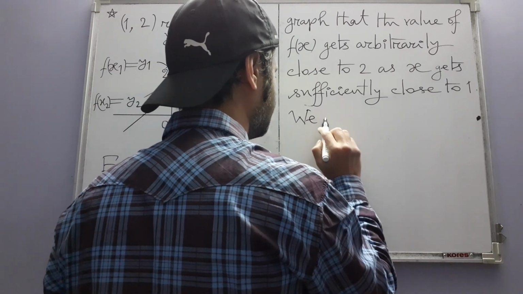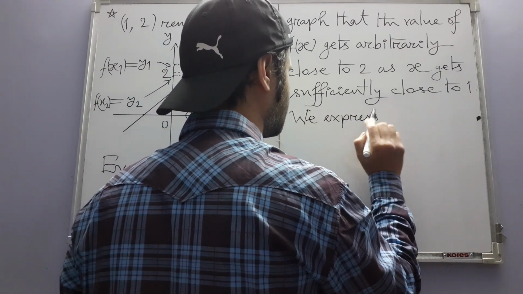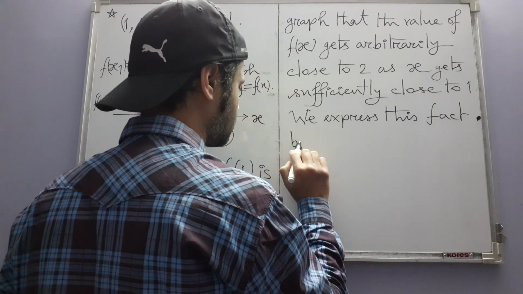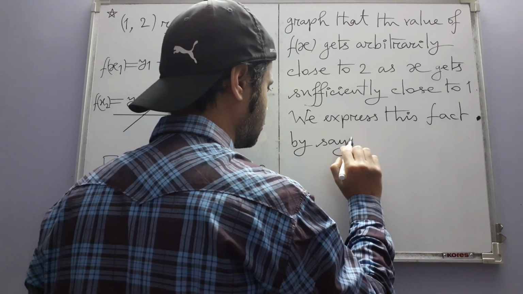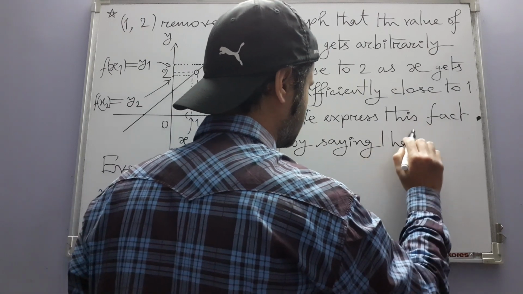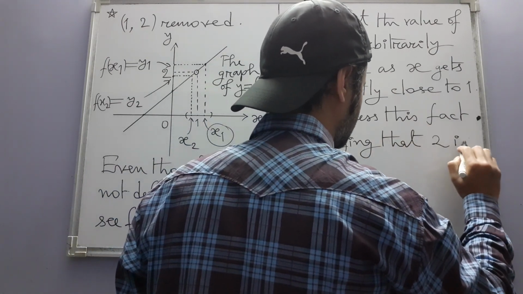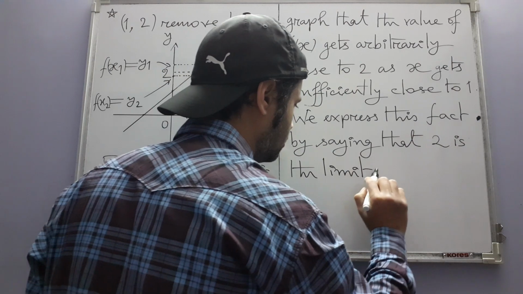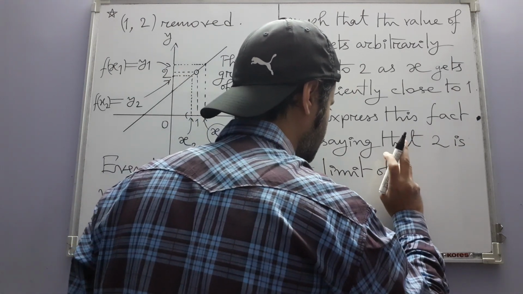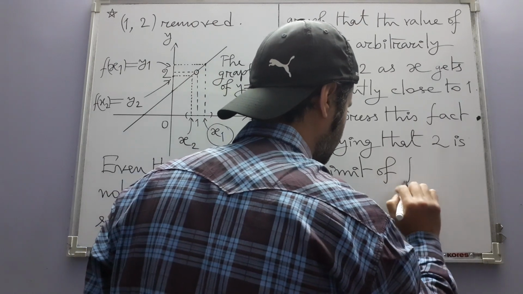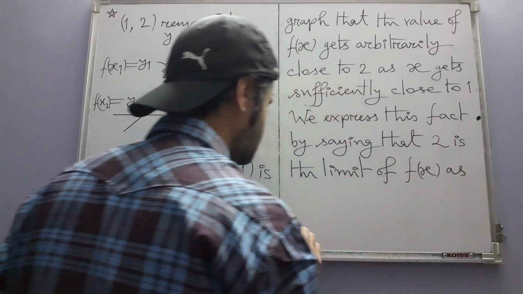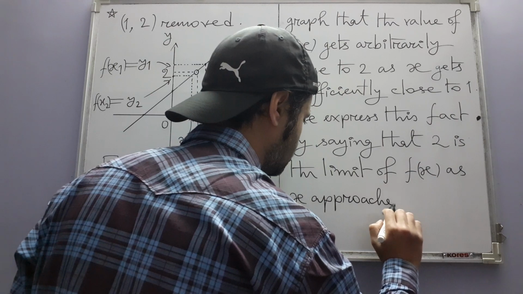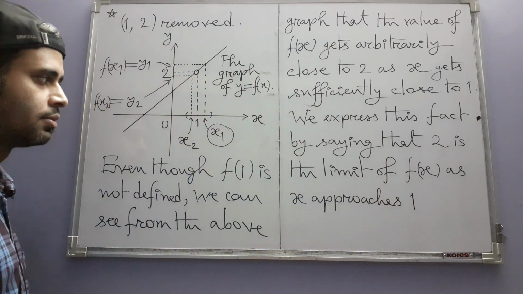So I just simply write, we express this fact by saying that 2 is the limit of f of x as x approaches 1.